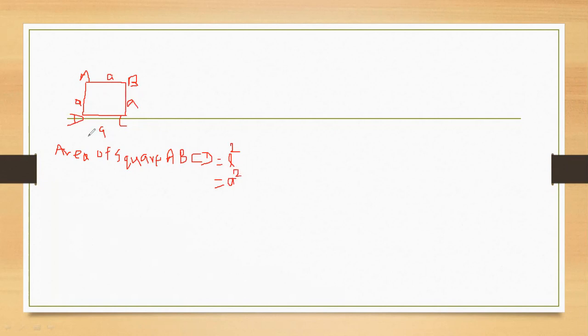After that, now we have to draw one small square in a corner. You can take any corner. We have to draw one small square, whose name we can give E F, and this point will be G. The length of each side of this square will be b.